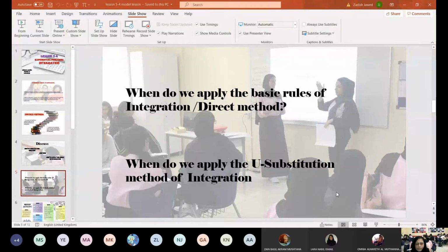Yes, Ravan. Miss, we apply it when we have a complex function, when we have two functions. Okay, can you show us some work?